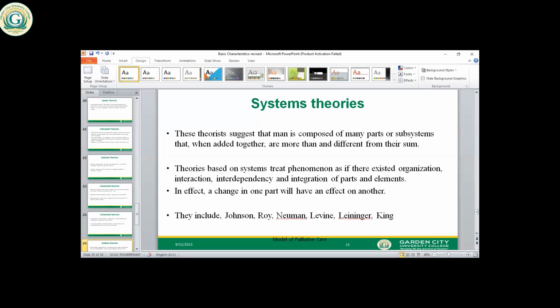So for a disease to come about, it means that there might be some alteration in our systems and our subsystems. These theories believe that our parts or subsystems, when added together, are more than, or different from, their sum.